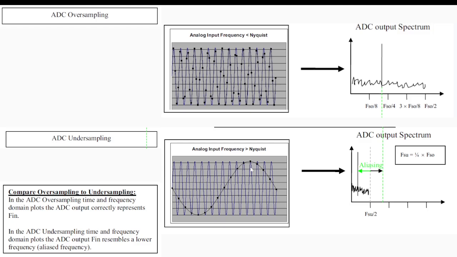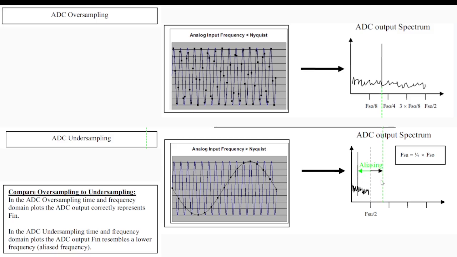Whereas if you reduce the sampling rate below the Nyquist rate, which is 2 f max, below twice the maximum frequency, it will cause what we call aliasing in the signal. Actually the peak is here, as you can see, but because you undersampled it, you see the peak here. That concept is called aliasing. We don't want to do this.